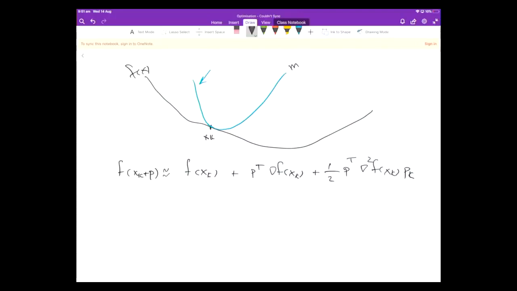Now, if I want to see in this vicinity of xk what is the smallest value of this approximate function, how would I do it? I would take a derivative with respect to p, right? And that would give me the minimum of this local approximation, right? Do you guys see what I'm saying? So let's call this m of p.